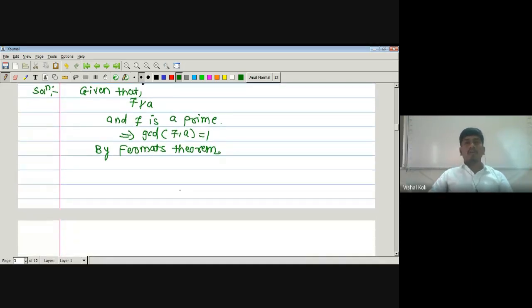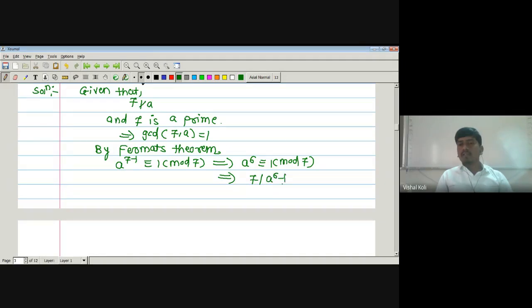Here p is nothing but 7, so a to the power 7 minus 1 is congruent to 1 modulo 7. That is, a to the power 6 is congruent to 1 modulo 7, which implies, by definition of congruence, 7 divides a to the power 6 minus 1.